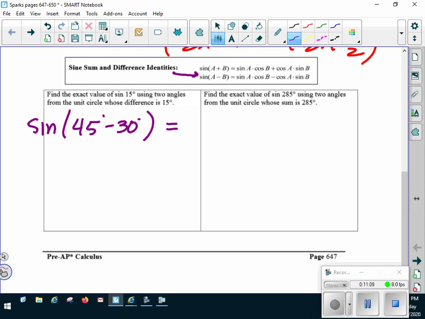The sine of the first times the cosine of the second. Now, how do I know whether it's plus or minus? When these trig functions are different, this is going to stay the same. Minus cosine of the first, sine of the second.